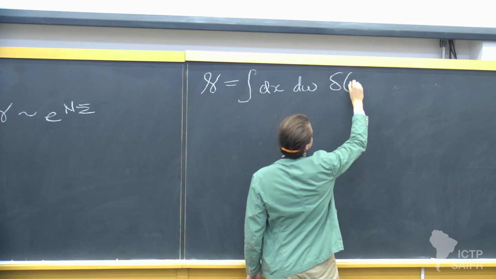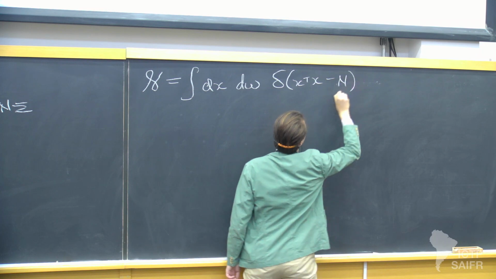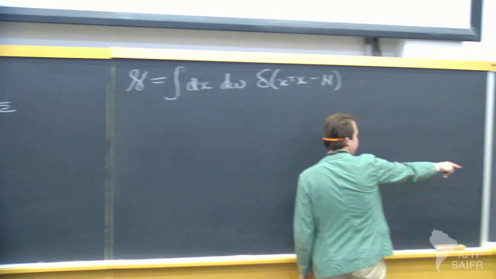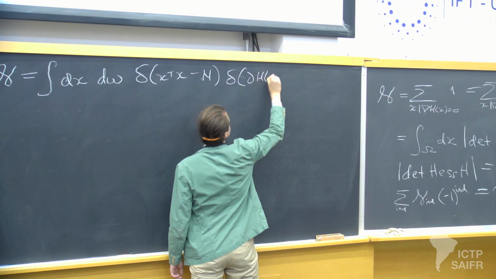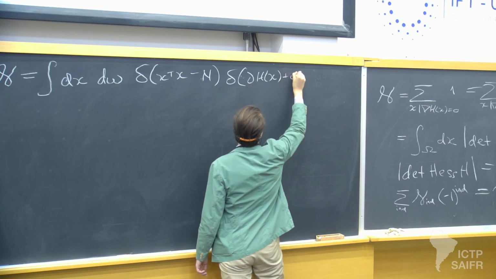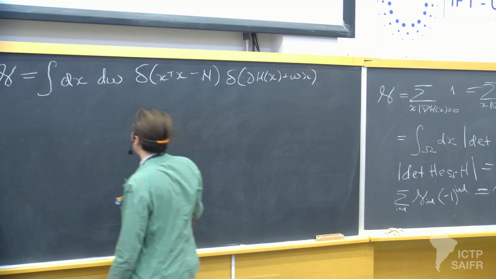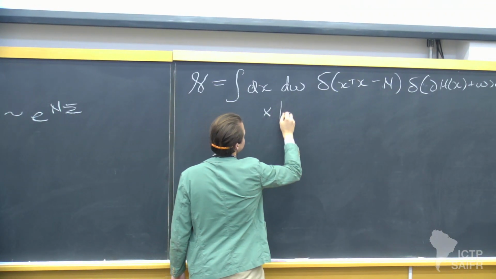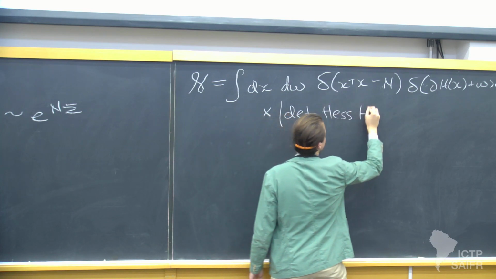Our constraint comes from taking the derivative with respect to the Lagrange multiplier. All of this stuff, the delta function of the derivative of h at x plus omega x, that's our gradient, times the absolute value of the determinant of the Hessian evaluated.